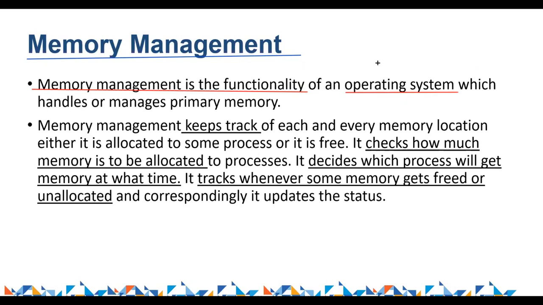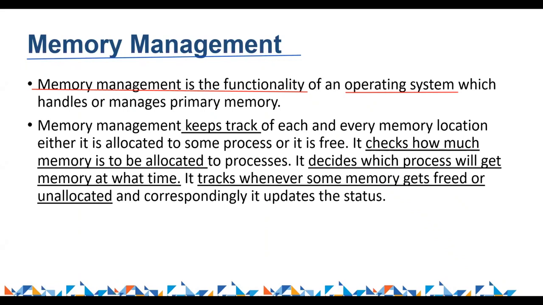But if you remember the hierarchy of memory, we are not talking about cache memory or register memory, because for cache and register memory management, the operating system is not responsible. What is responsible? The processor. But for main memory, primary storage or secondary storage, the operating system is responsible for management.